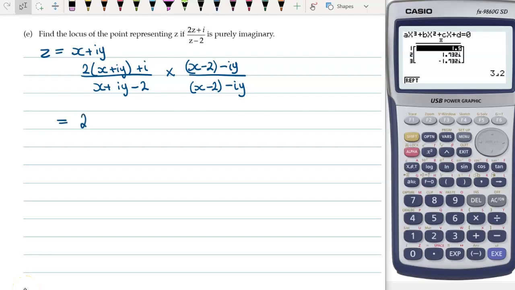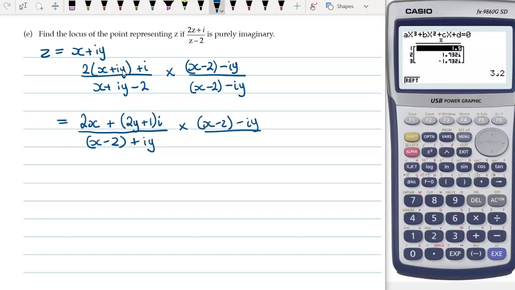So first I'm going to just collect up this left-hand piece so that it's in real and imaginary parts separately. That 2IY becomes 2YI, and then I'll add on the 1 for where the I is just here. So I've just sort of factorized that into two different pieces of imaginary and real. And then we have x minus 2 plus IY. We're going to again times it by the x minus 2 minus IY.